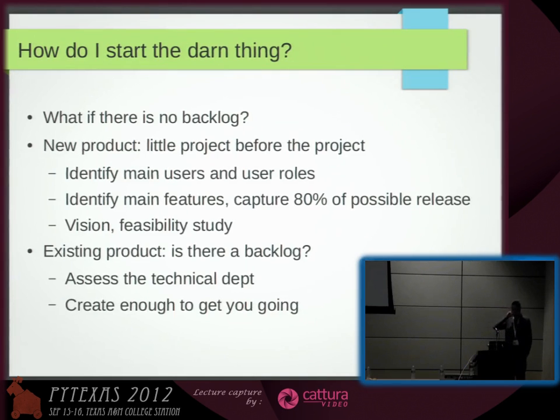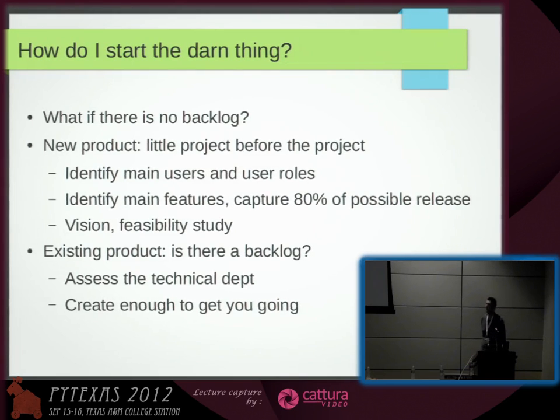One question that often comes up is how do we start? Again, there is no straightforward answer, but for new projects, you typically have to do a little project before the project, which means you have to identify main user roles. You have to identify main features, at least what you think are the main features.